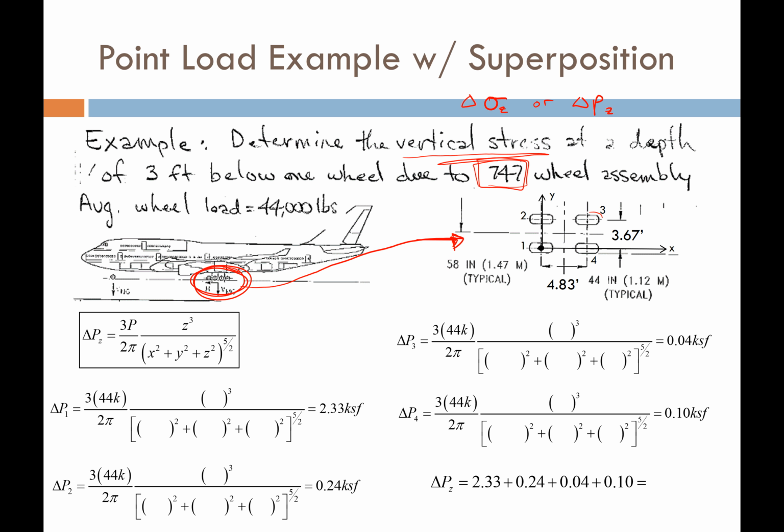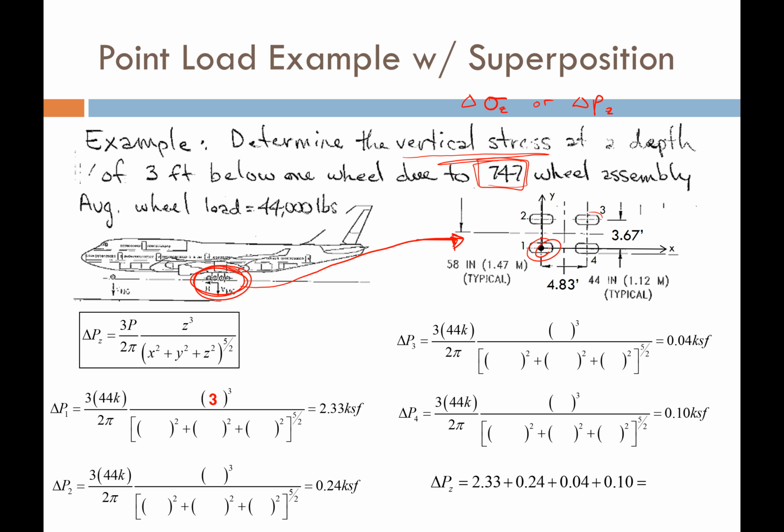The other thing we need to define is that the X direction is this way and the Y direction is up and down. If I want to know the stresses beneath tire 1, and I've defined my point beneath tire 1 as the origin, meaning X equals 0, Y equals 0, then all I have to do is plug in my Z, my X, and my Y. My depth Z is going to be 3 feet.